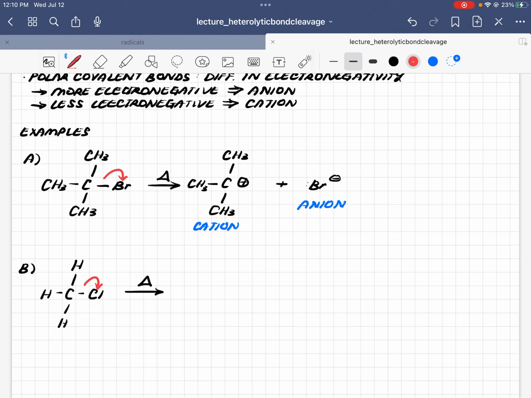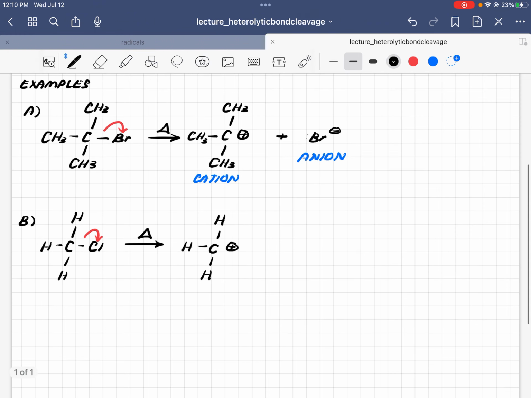So carbon will transfer both of its 2 electrons to chlorine, and this forms a positively charged species, which we call a cation. And we will also form a negatively charged species here, which we call an anion.